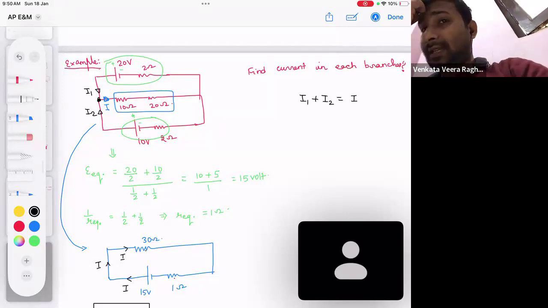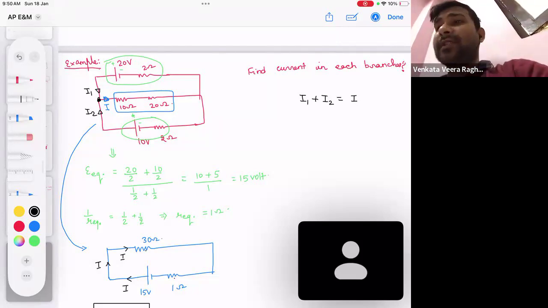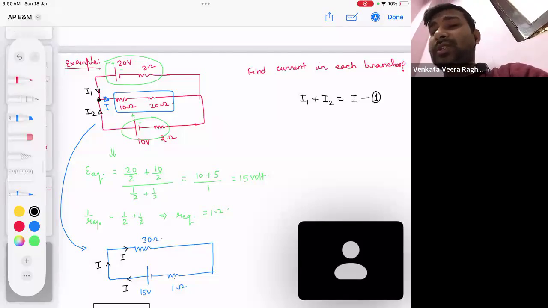I1 is incoming current, I2 is incoming current, and I is the outgoing current from the junction. So I1 plus I2 should be equal to I. Now I is known to me in the question, but I1 and I2 are not known.